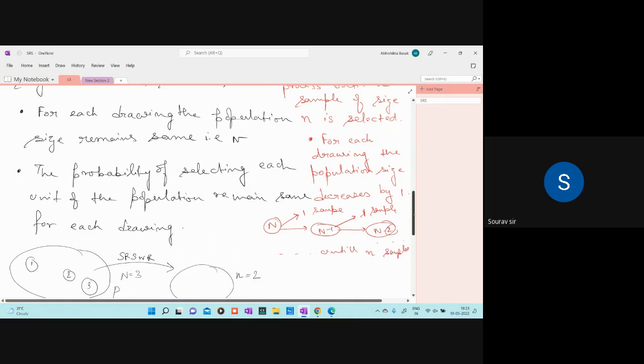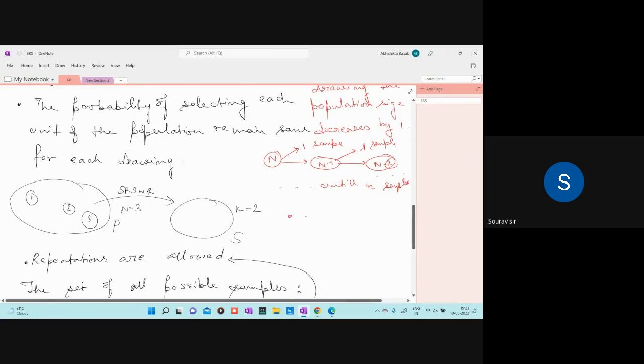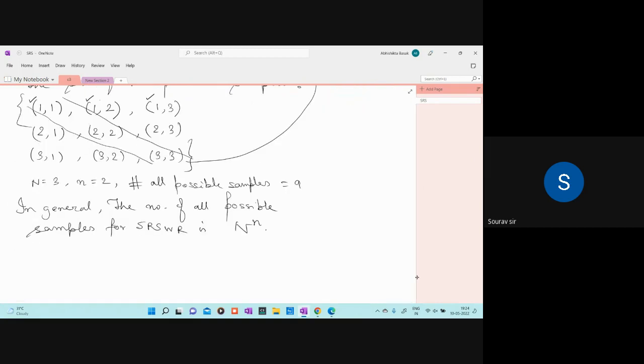Okay, and the next thing is that the probability of selecting each unit does not remain the same for each drawing, because it is going to decrease.